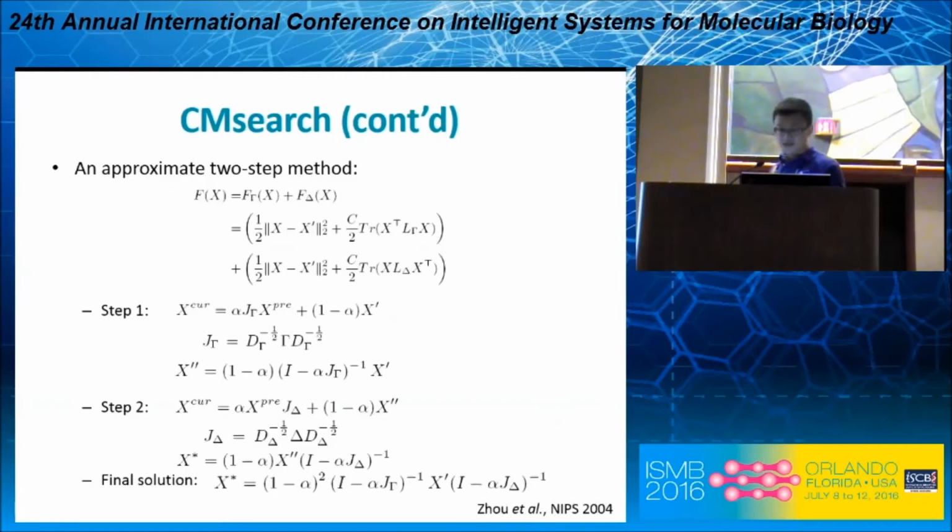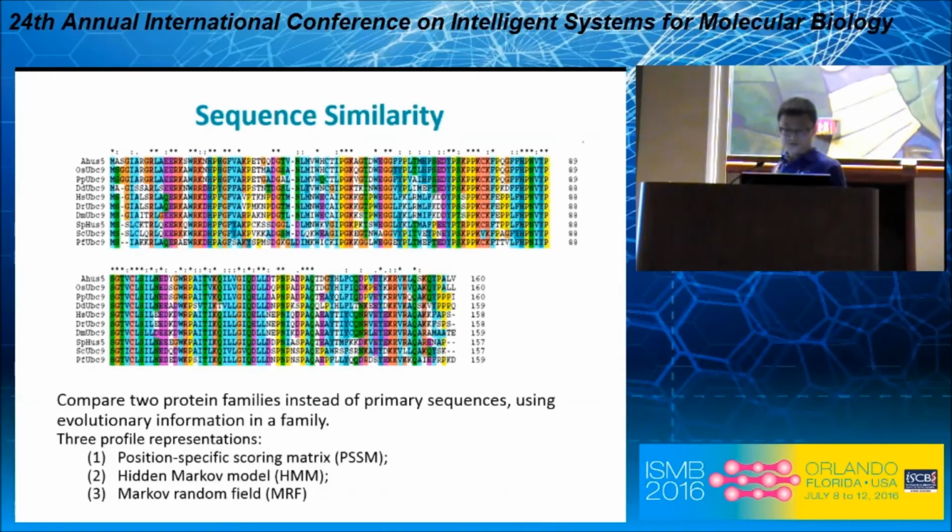So in practice, we adopted an algorithm developed by Zhou et al. in 2004, which decomposes this objective function into two sub-problems, and then iteratively solves each sub-problem and combines their results together. So I won't get into the technical details. If you're interested, please come to our paper.